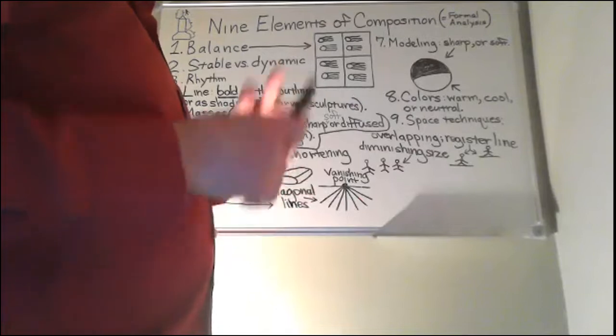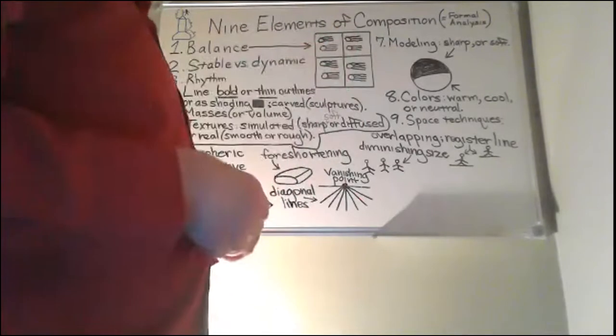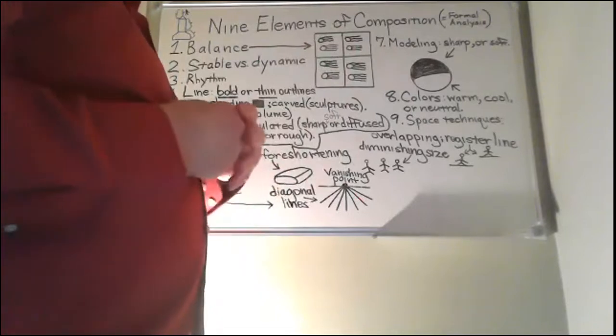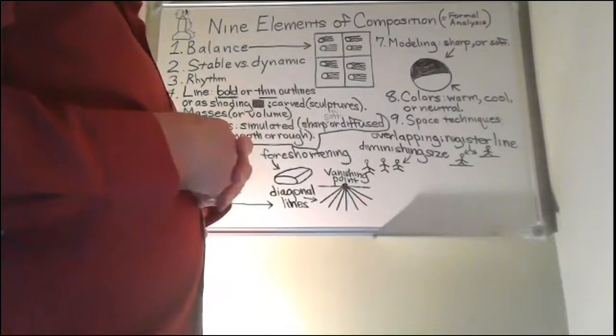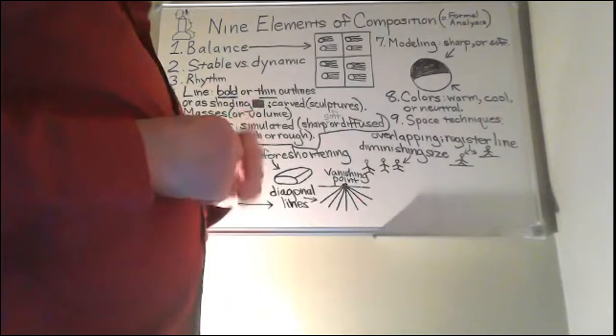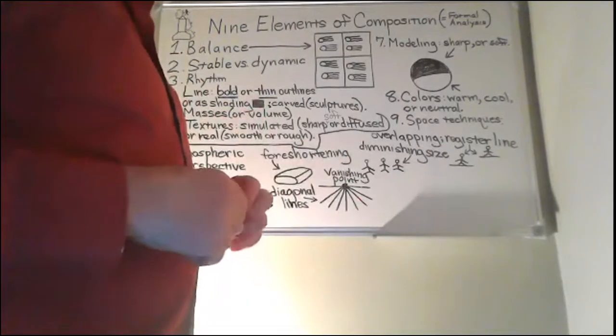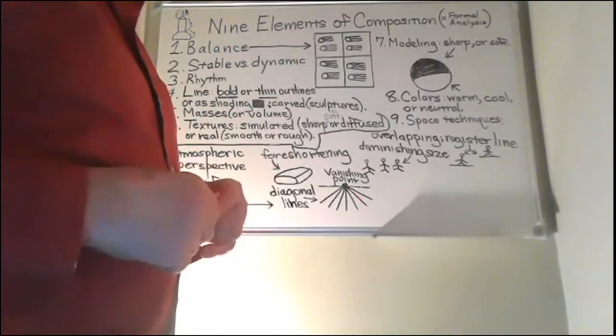That would be light creating the shadows on the opposite side of a person's face or a room or whatever. So modeling is usually going to be 1 or 2 things: sharp and realistic, or soft and diffused. I think that's pretty explanatory, but again, I don't want to just assume everyone's clear. Any questions about modeling? It's a technique.